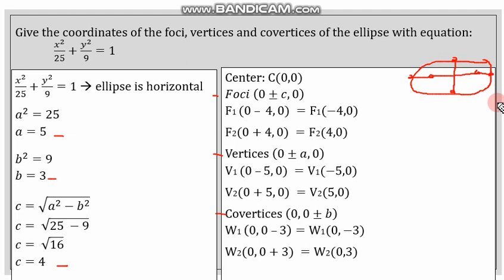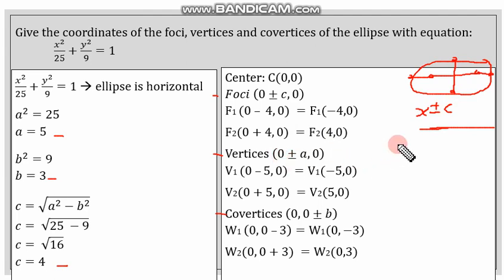Now if our major axis is horizontal, it also means nang ato ang a is mag-move horizontally, and also our c. So we will add c at x. We will add or subtract the c both sa left and sa right.